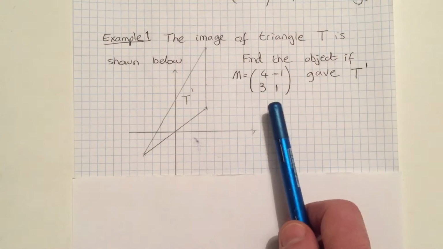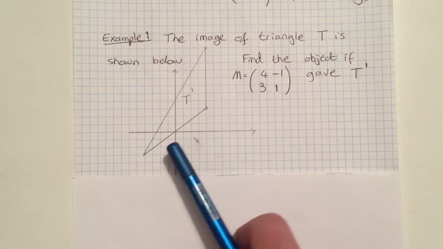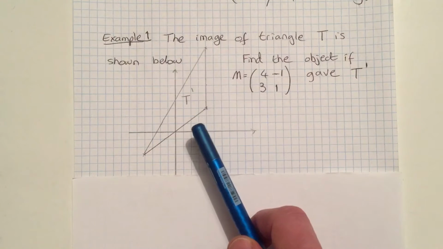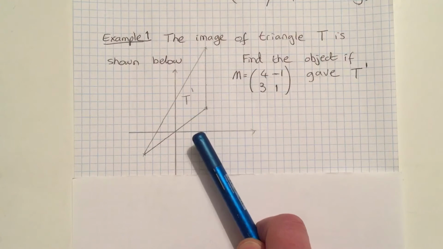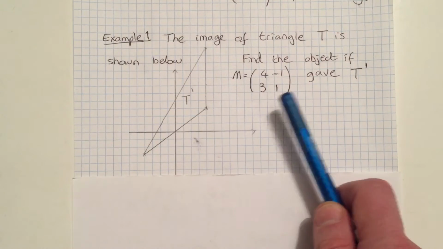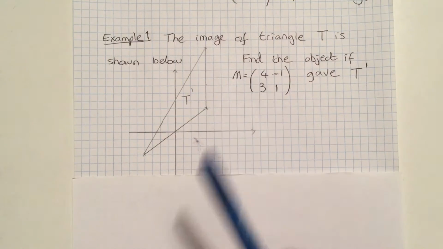So if I want to undo the transformation to get back to the original triangle, to get back to the object, then what I want to do is find the inverse of this matrix.